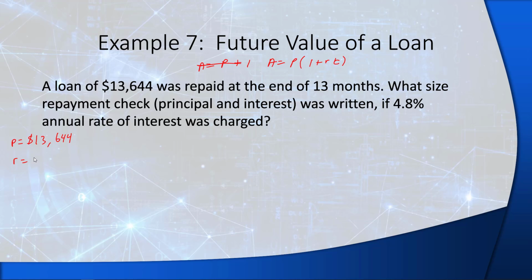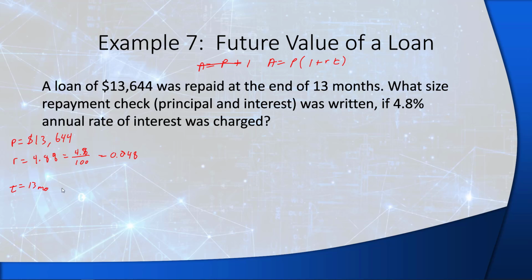R is 4.8%, but we can't work with percentages, so we're going to take our 4.8 and divide it by 100, and that will give us 0.048. And then for T, we have that T is equal to 13 months.